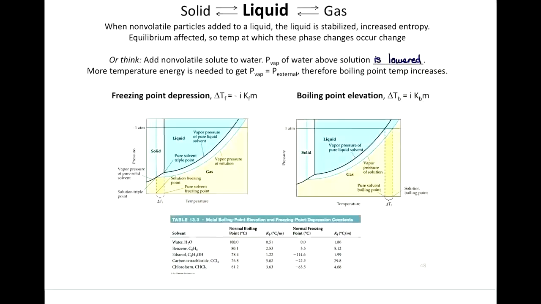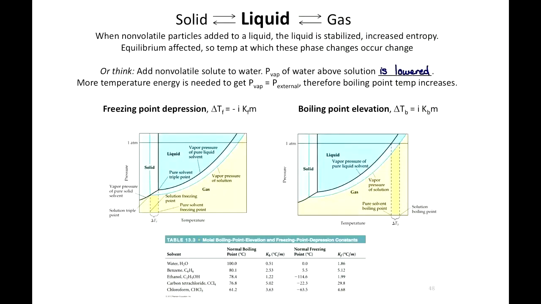So we're going to move on to other properties of mixtures. Mainly we'll be talking about water. So we know when we mix stuff in water, what happens to the vapor pressure of water when you put stuff in it? Like, let's say salt. It lowers, yes.